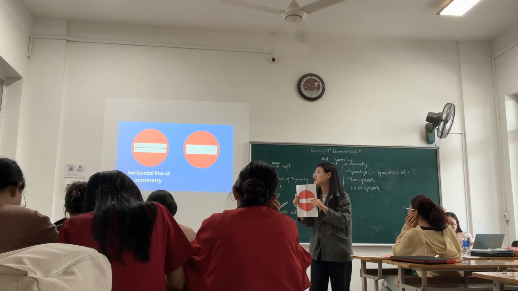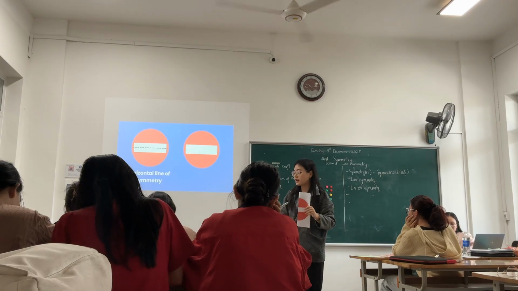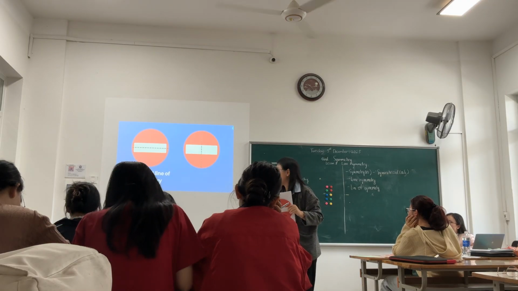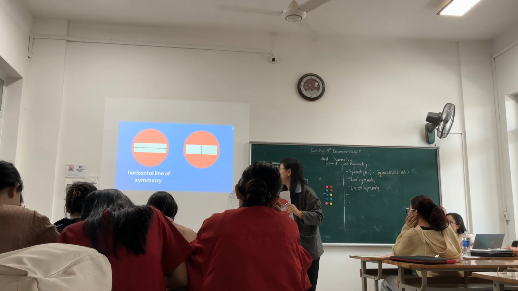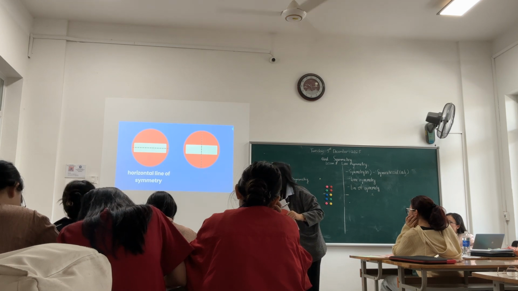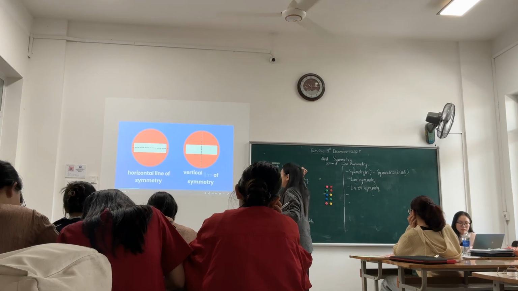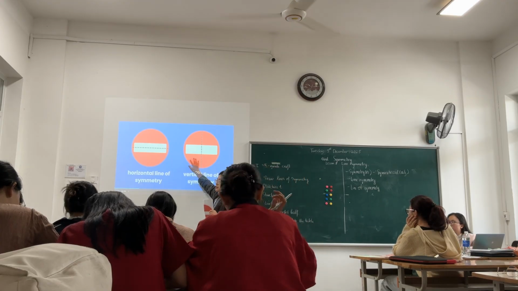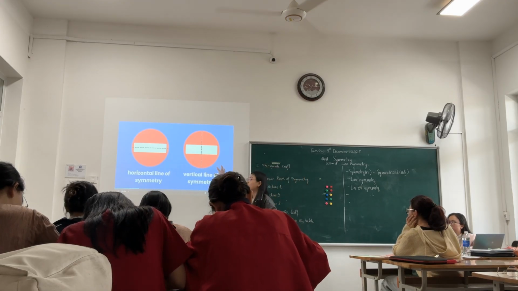Vertical. Yeah, it's vertical. So we call it a vertical line of symmetry. It is a vertical line that divides a shape into two exactly equal halves.